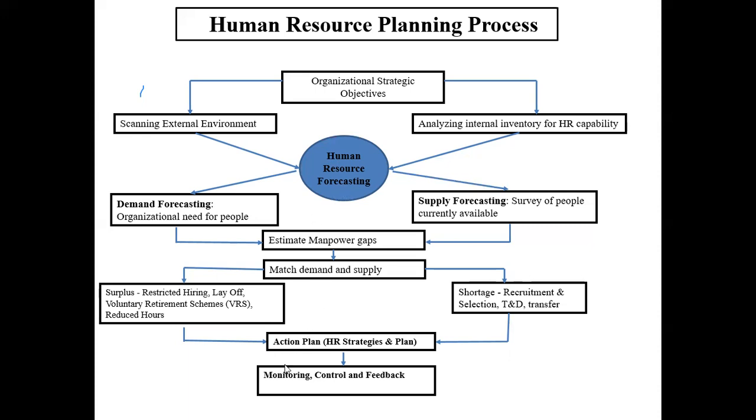If the demand for production goes up, it means that something has changed in your initial forecast. So you quickly have to control. If previously you reduced the number of hours or froze recruitment and selection, then you quickly have to bring in more hands. That is the essence of monitoring, control, and feedback.